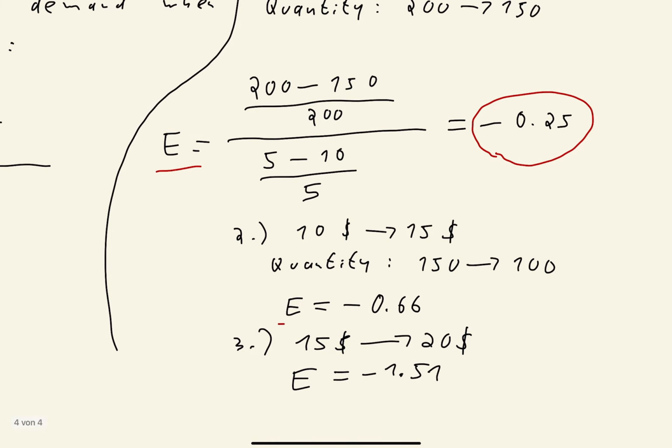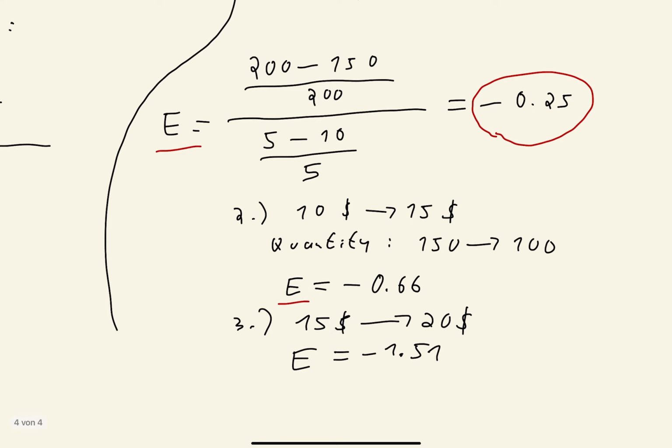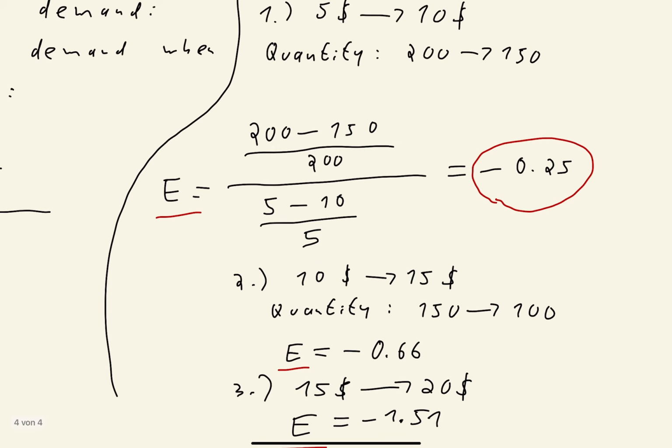And at the second step, when the price is increasing from $10 to $15, the demand will go down by 66%. Those are the statements that we can make with respect to the elasticity.